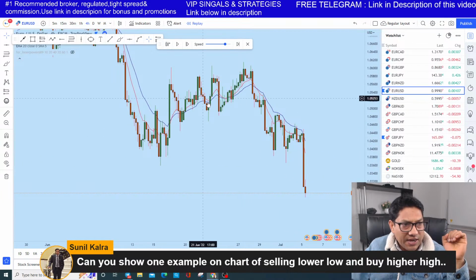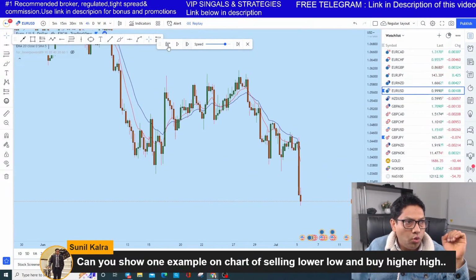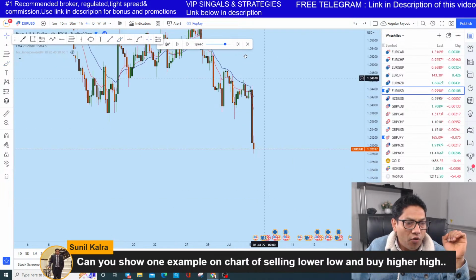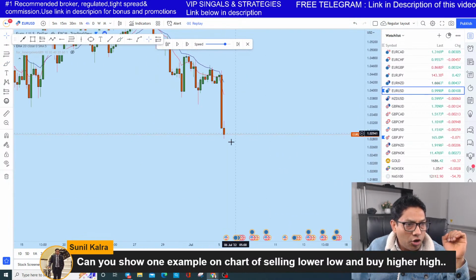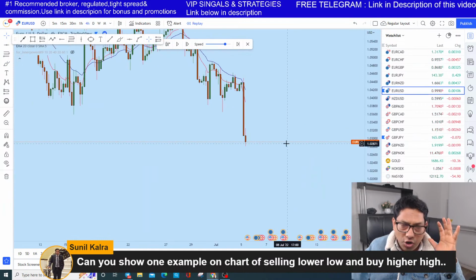When you see this kind of consolidation, liquidity grab, and then a breakdown with this big candle, followed by this doji, this doji is a continuation pattern.